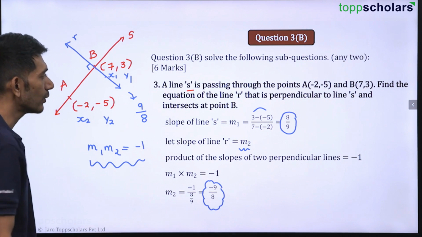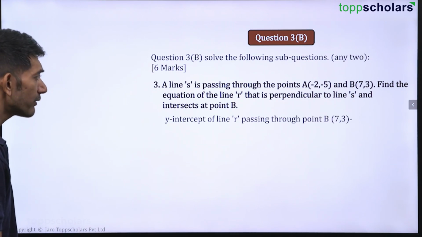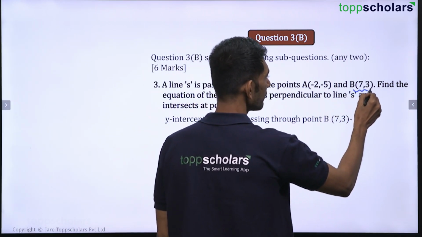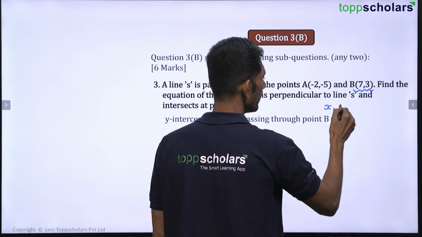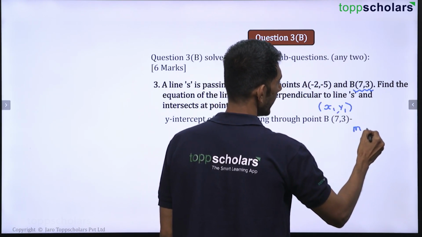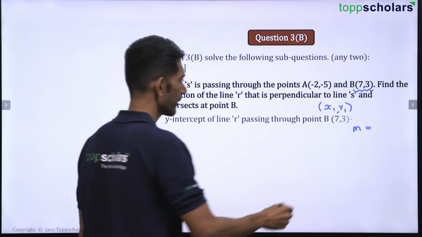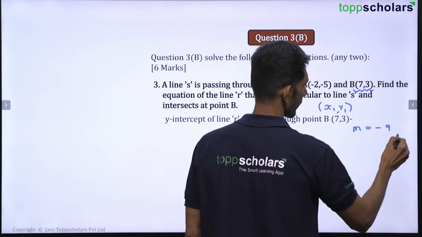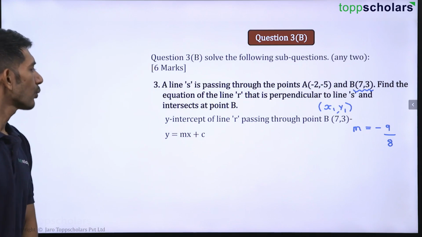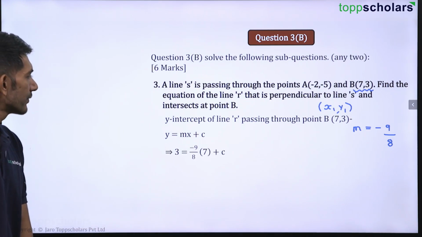Now can we find out the equation? Equation is given by slope point form. So point is already there. Point is passing through B. So that will be your x1, y1. And M will be equal to minus 9 by 8. Correct? So y is equal to mx plus c. So can I say y is 3?